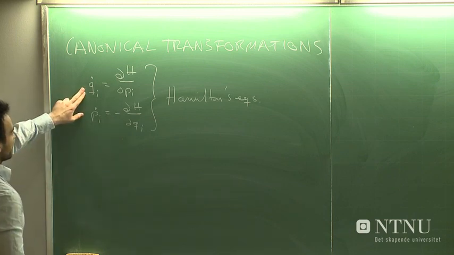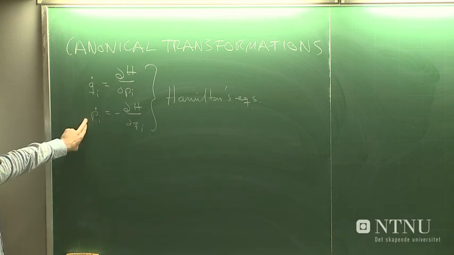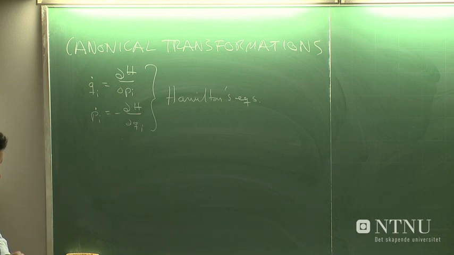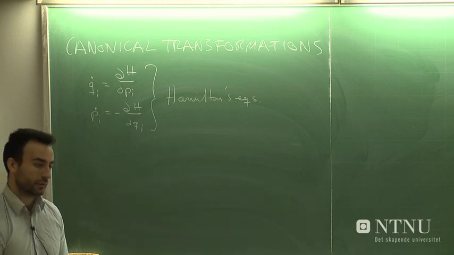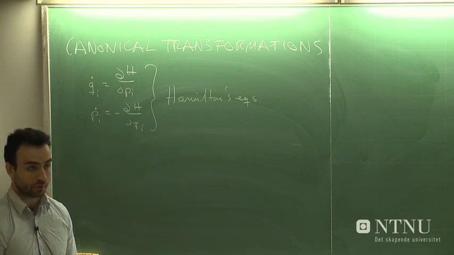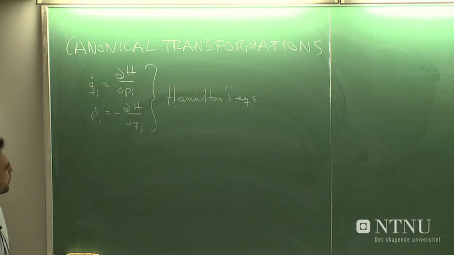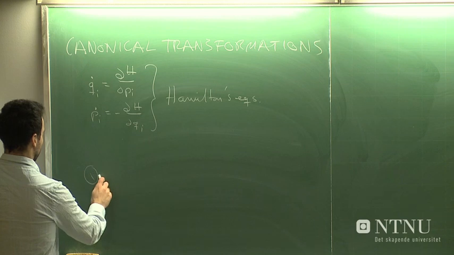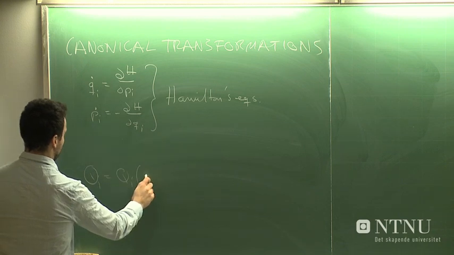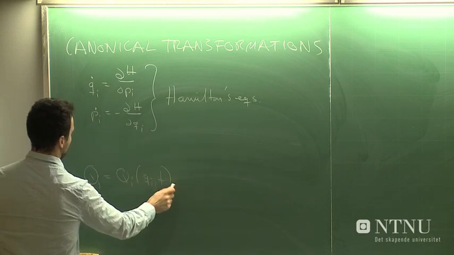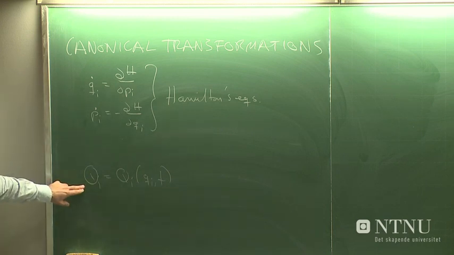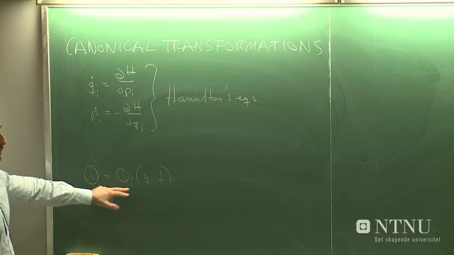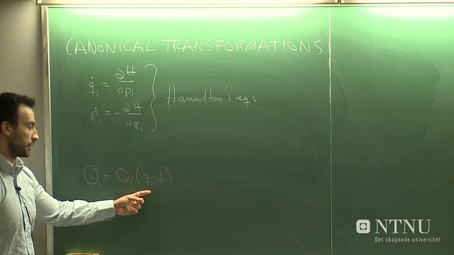We have here the generalized coordinates and the canonical momenta. Now we know that we can always make a transformation on our coordinates to go, for instance, from Cartesian to polar coordinates. And that would be a point transformation where we introduce a new set of coordinates, large Q, which are a function of the old coordinates, small q.